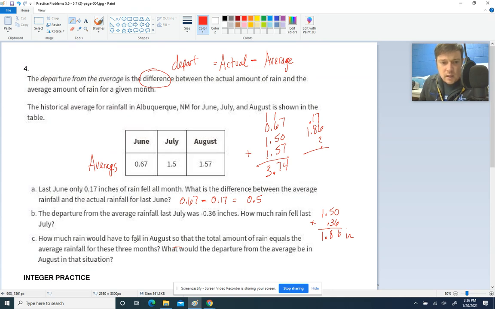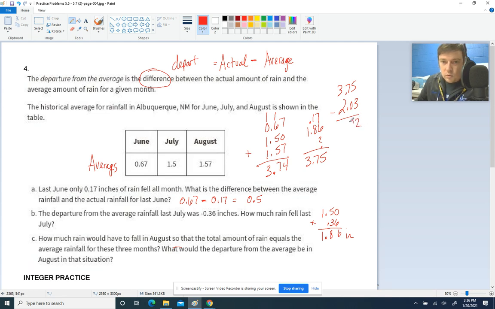We want it to be the same as the average, so we want it to equal 3.74. So we would simply need to add these two together and take away from 3.74. So I'm going to add 0.17 to this. That would give me 2.03. So 2.03 taken away from 3.74. Because if I find their difference, that's going to tell me how much more I need in August for it to add up to that same average.